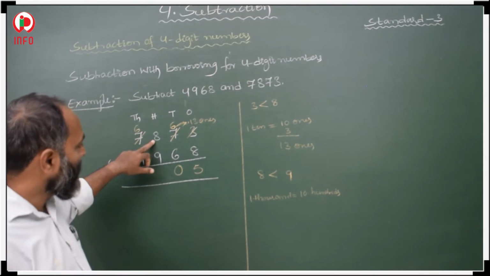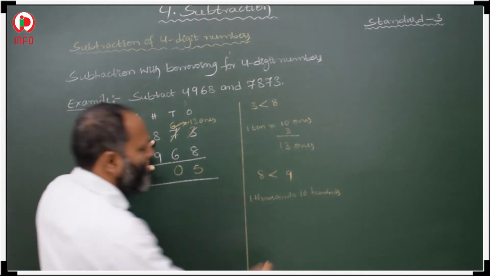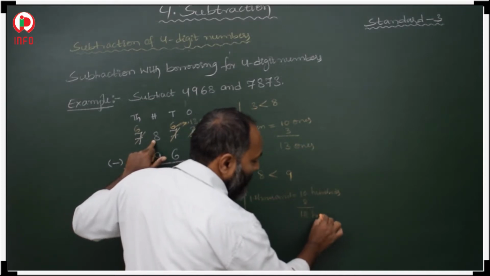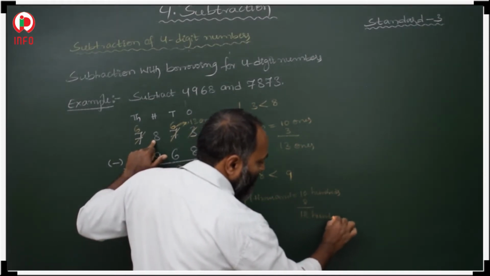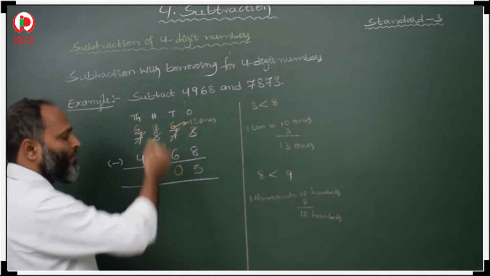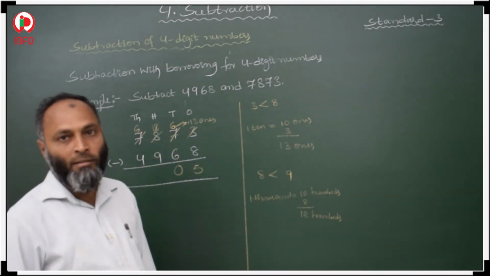Already here how many hundreds are there? 8 hundreds. Then total 18 hundreds. In this way we are getting 18 hundreds.